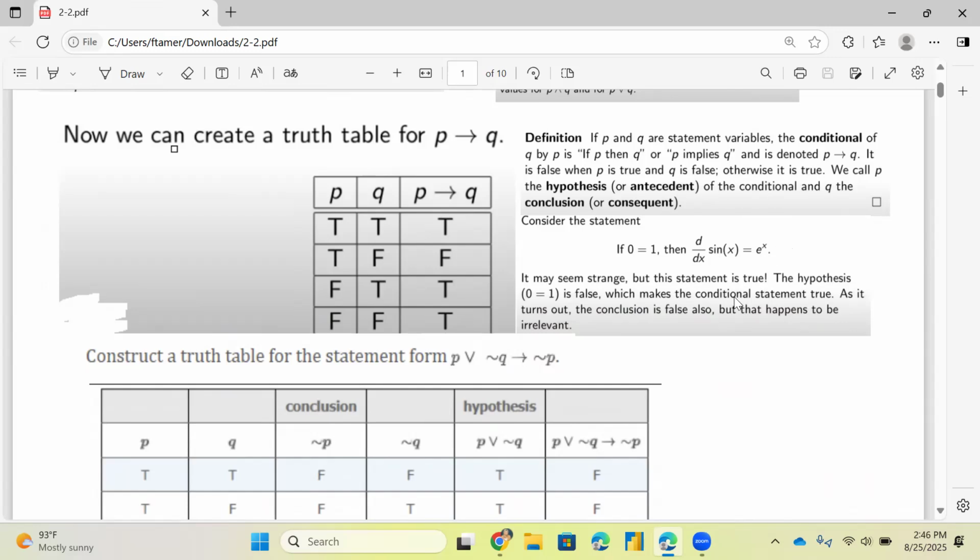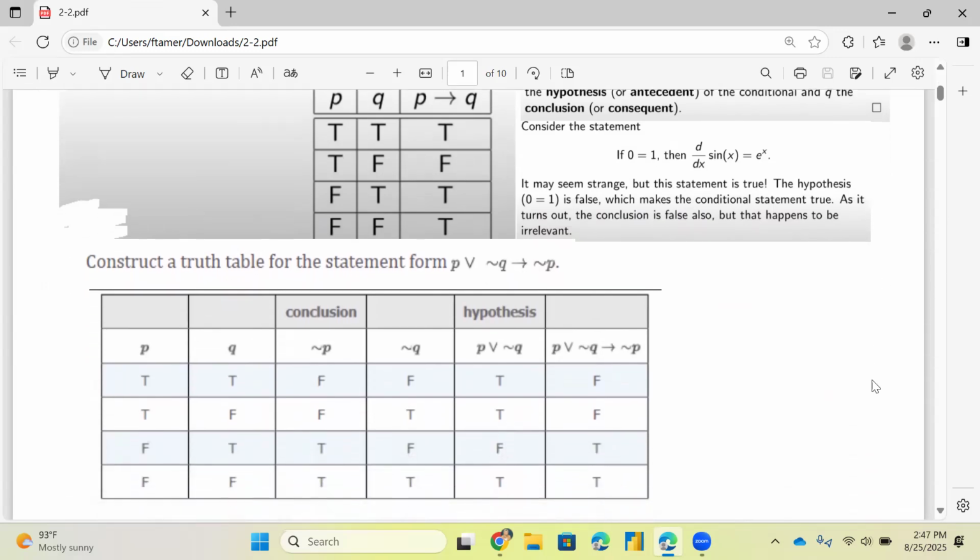This is going to be a true statement because of the truth table of P then Q. The hypothesis 0 equals 1 is false, so P is false. And whenever P is false, we don't really look at Q anymore. Whenever P is false, in either case of Q, the result will be true. Therefore, this statement is true, because whenever the hypothesis is false, the P then Q situation becomes a true statement.